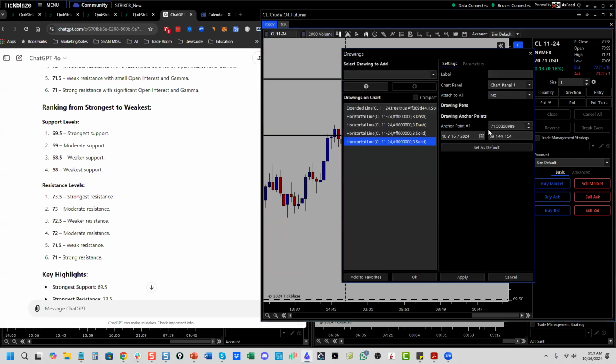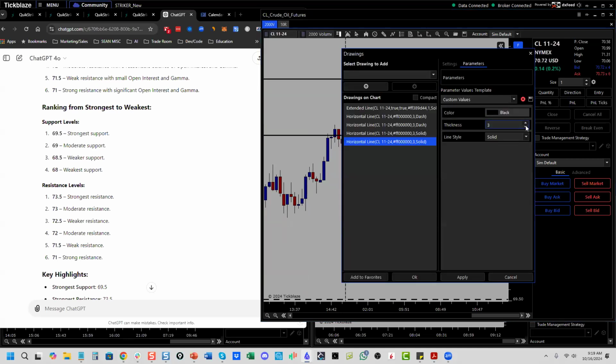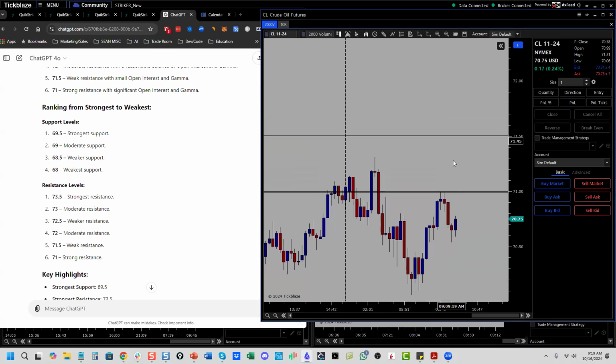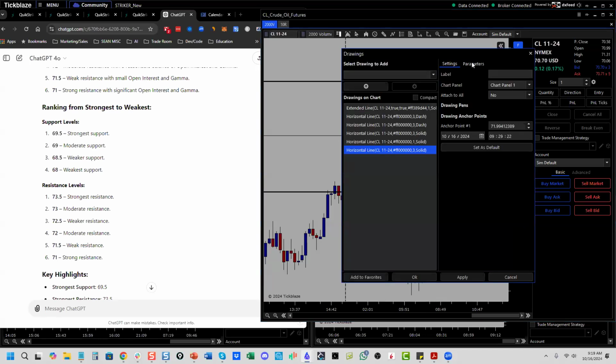You might want to change the thickness of this and do it like that so you can understand it. 72. Copy and paste your levels. 72 is moderate resistance. So you could do maybe a different thickness level.